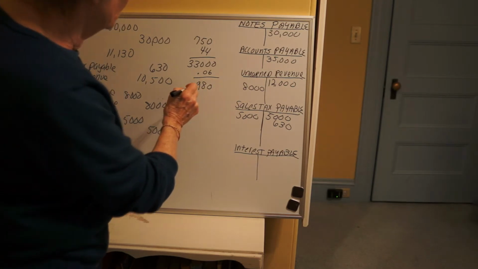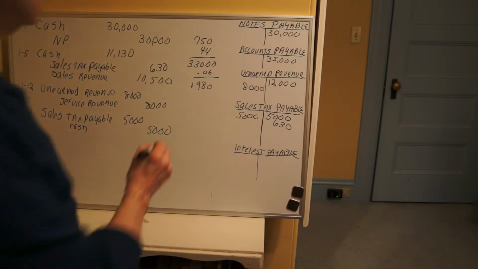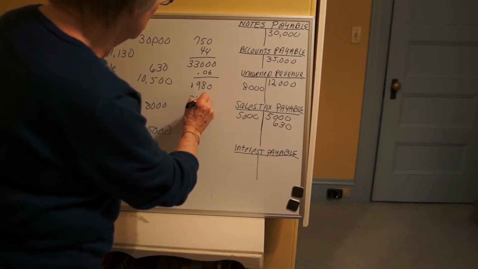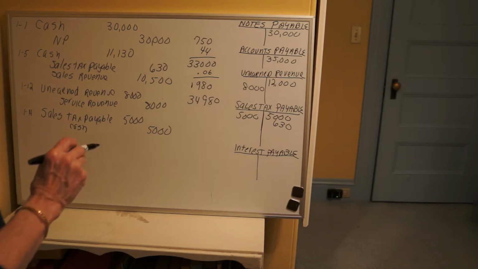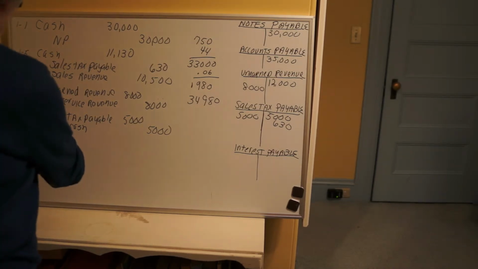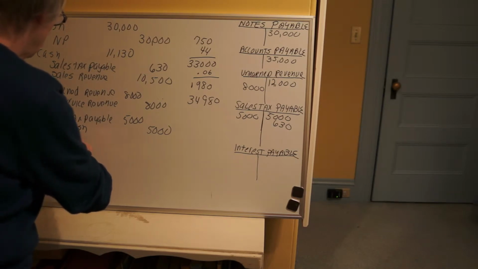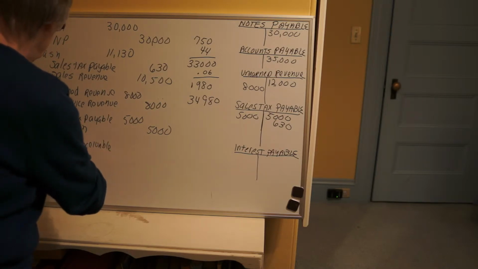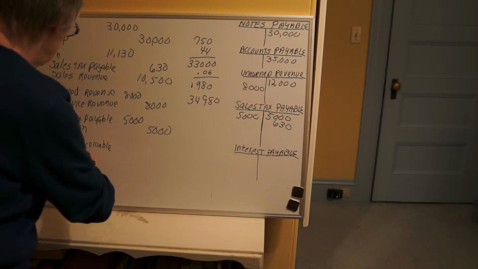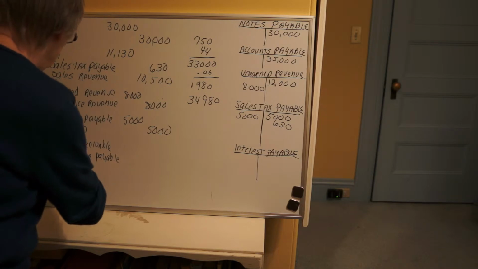We sold these on credit, and so we would have an accounts receivable of $34,980. So on this particular date, we would debit accounts receivable, and credit sales tax payable and sales revenue.